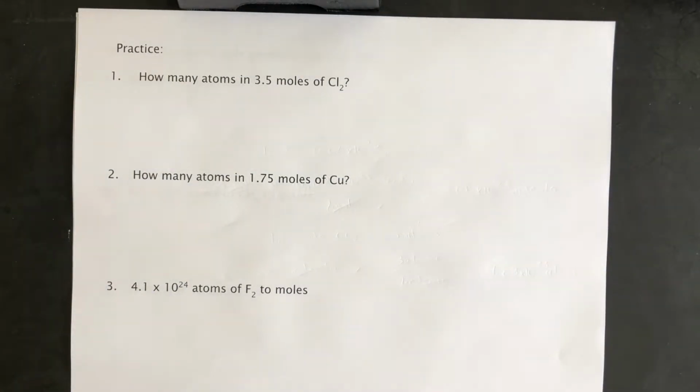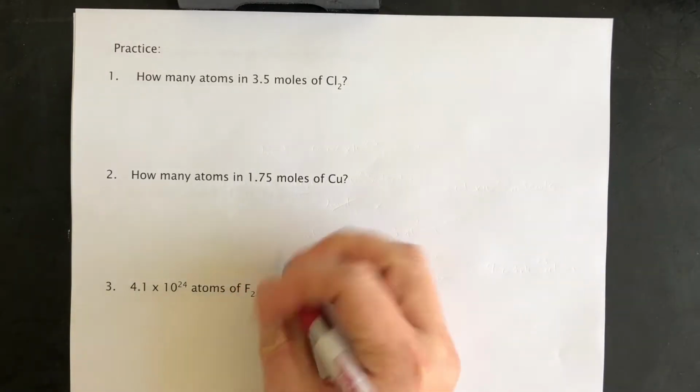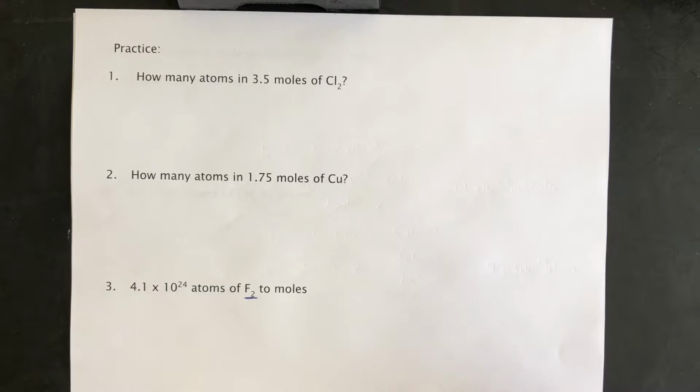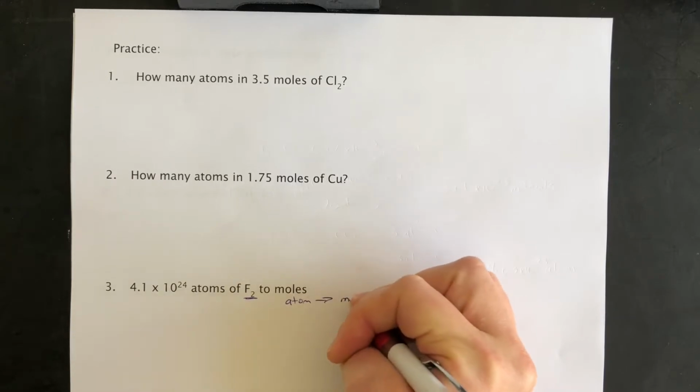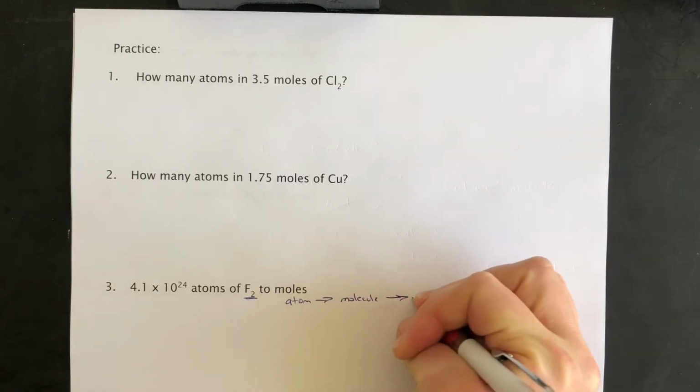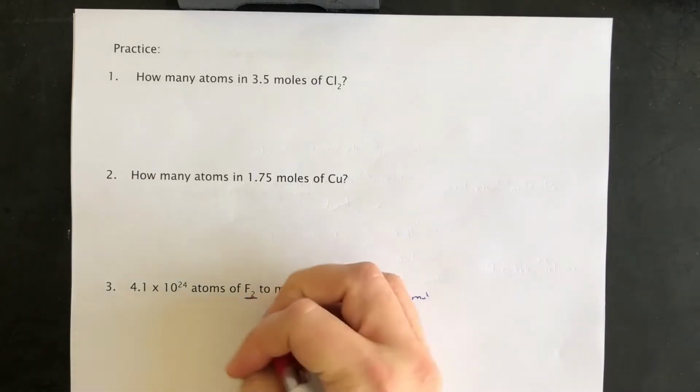Let's take a look at one more 2-step problem here, which is going to be a little bit more involved. We'll do the third one. So we've got atoms. First we need to figure out how to convert from atoms to moles. F2 is a molecule, so we can't go directly from atoms to moles. We need to go atoms to molecules, and then molecules to moles.